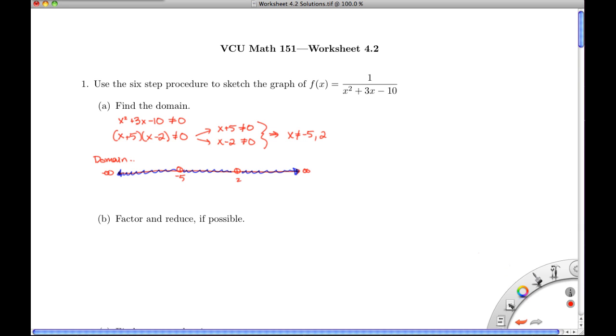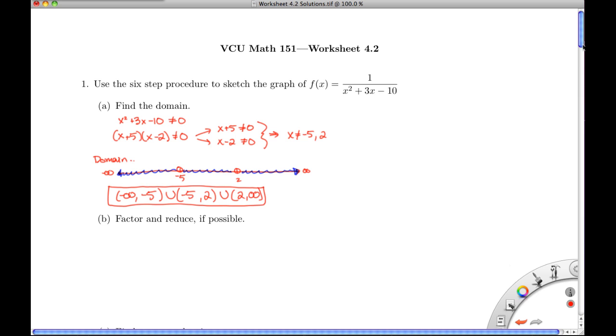So in the end, our domain would be the interval from -infinity to -5, we're not going to include -5, and then from -5 to 2, and then from 2 to +infinity. So this would be our domain. Okay, so very similar to what we did last time.